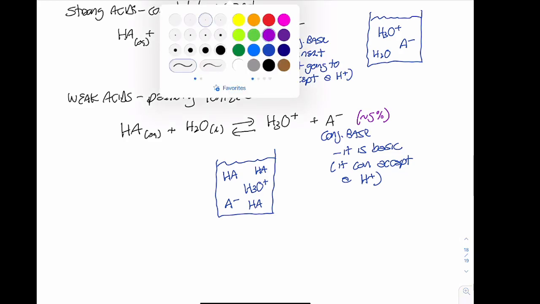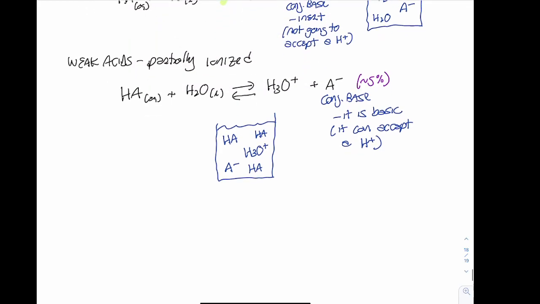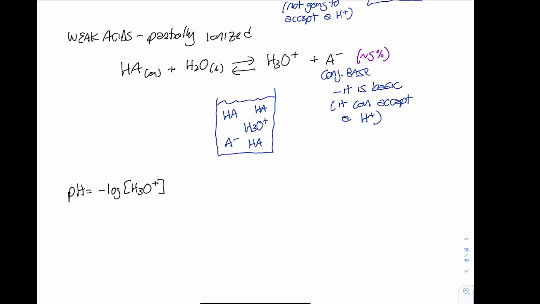We talked about pH previously, and we said that pH is the negative log of our hydronium ion concentration. We said that anytime we have an aqueous solution, my hydronium ion concentration multiplied by my hydroxide ion concentration is equal to Kw, which at 25 degrees Celsius is 1.0 times 10 to the negative 14th.